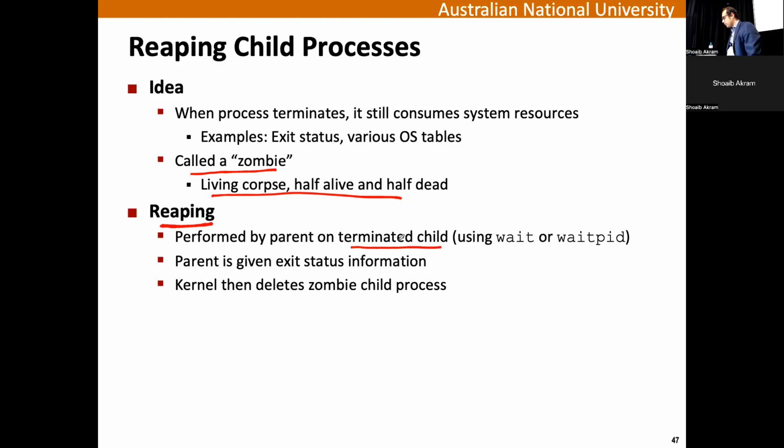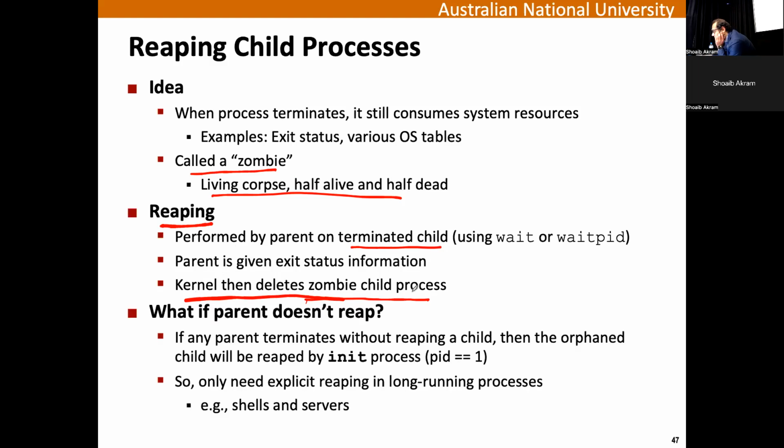So there are different ways of reaping child processes. And once the parent process reaps the child, the operating system's kernel then deletes the zombie child process completely. I want to look at the code once again.